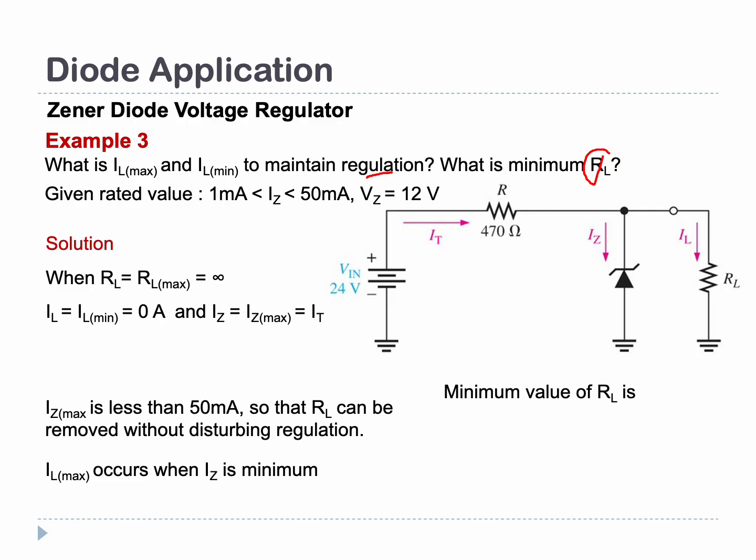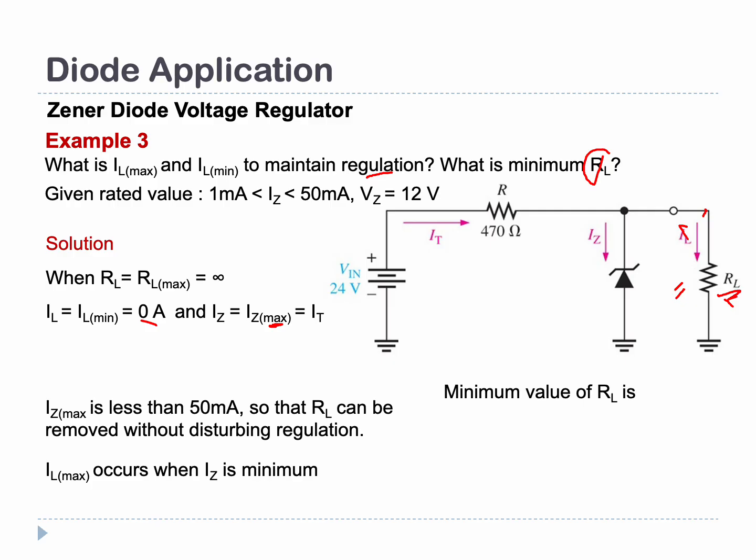Alright, so the first solution: when your RL is at RL max, meaning that it is an infinite value, there is going to be no current flowing in IL. So your IL min is going to be 0 ampere, and since there is no current flowing here, your IZ is going to be IZ max.